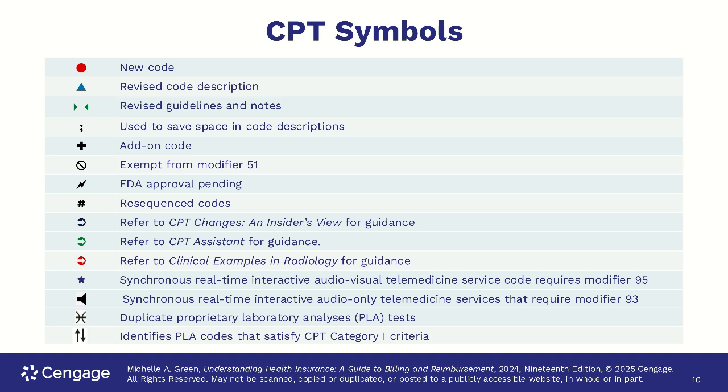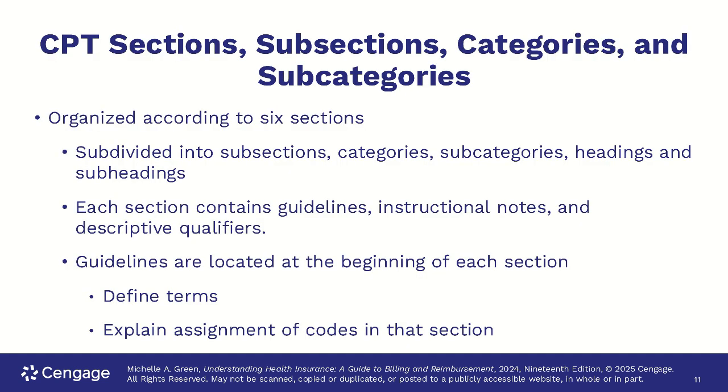They are just providing you with some information about the code. And as you can see, a new code, revised code, they each have a unique purpose. And so you'll want to take some time and review those. Again, this chapter is in our reimbursement book. So I'm not going into great detail. For great detail, you'll want to go to our lecture for the CPT HCPCS coding course.